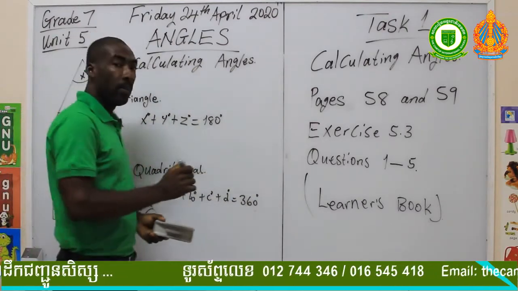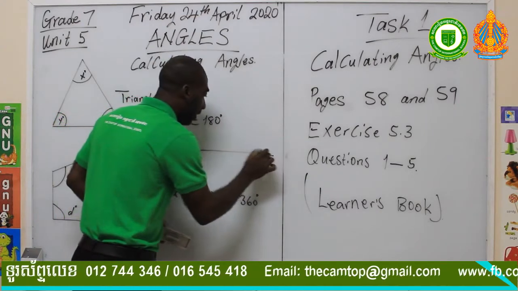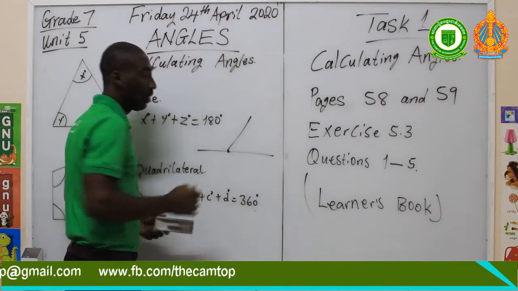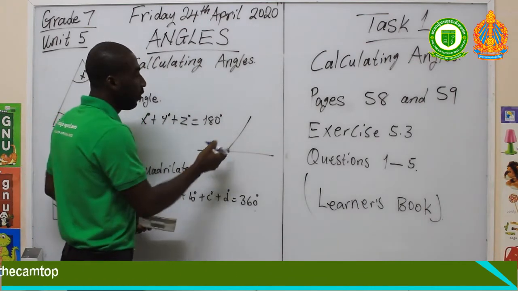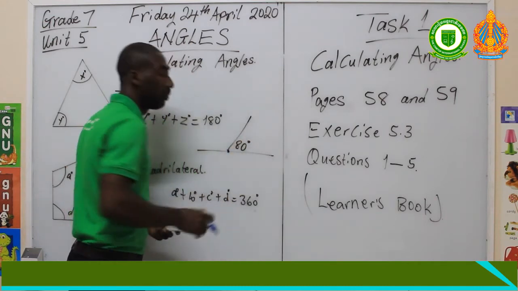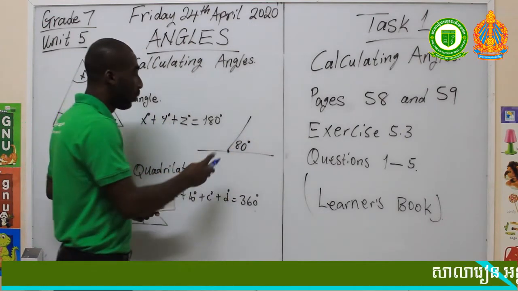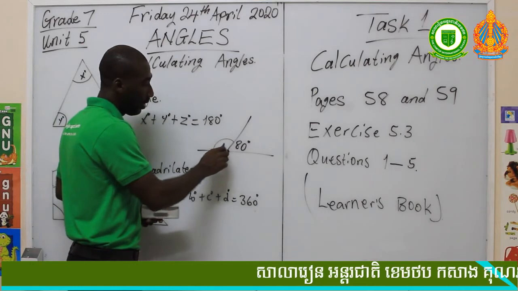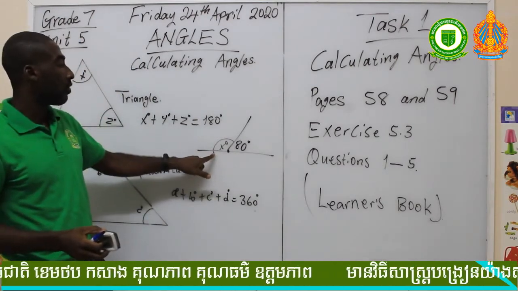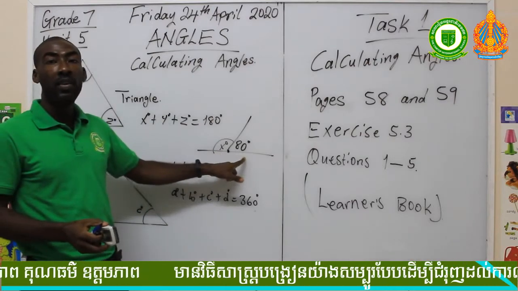Again, when you have a straight line with a line in between, if this side is 80 degrees and you are supposed to find x, you should know that on the straight line you have 180.